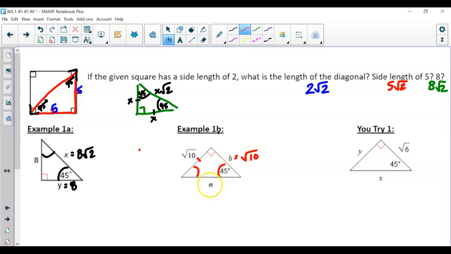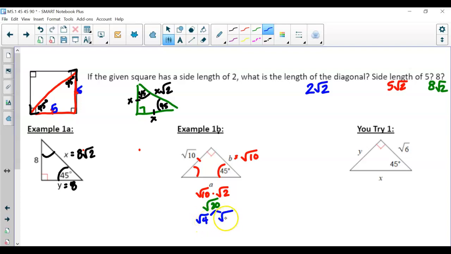Then let's write it out. That means a is equal to radical 10 times radical 2, right? Because it's the side times radical 2. Now we need to continue simplifying because this is radical 20. Does radical 20 have a perfect square factor?